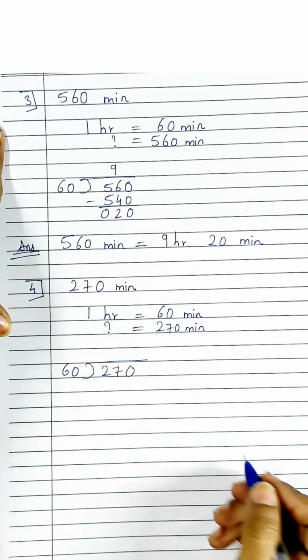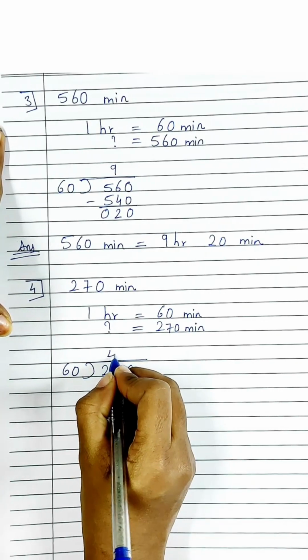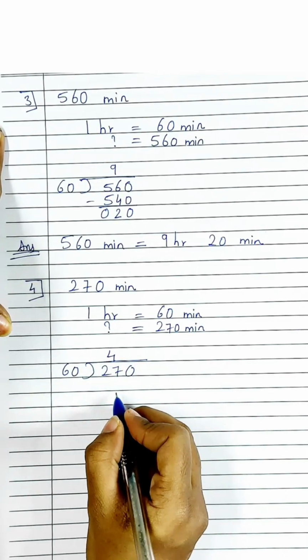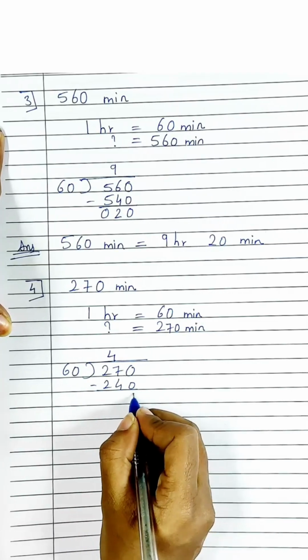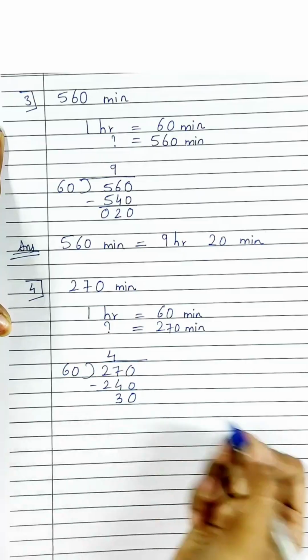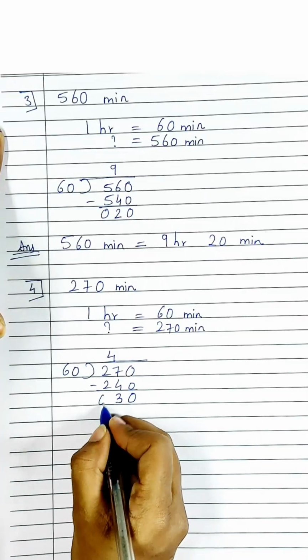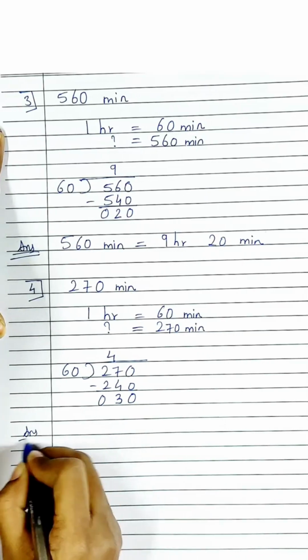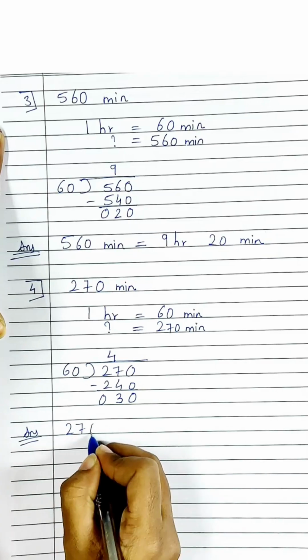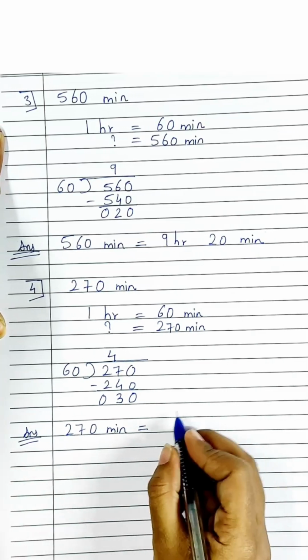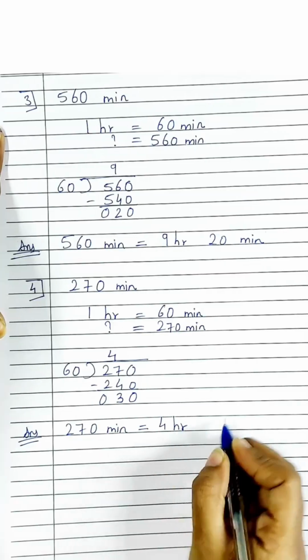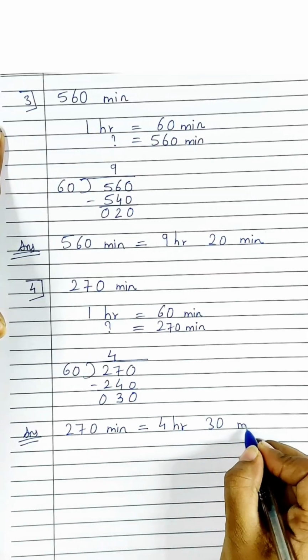Okay? So 60 4s are 240. So how you will write answer? 270 minutes include how many hours and minutes? Yes, 4 hours 30 minutes.